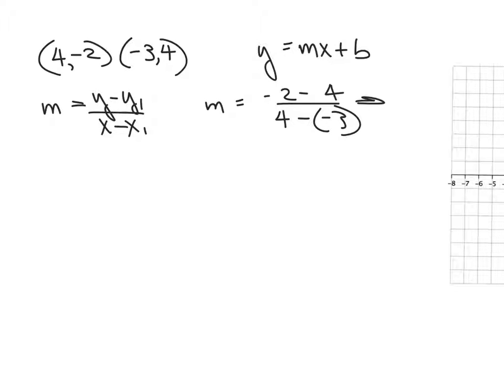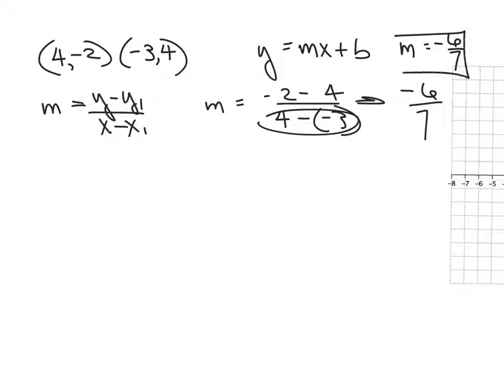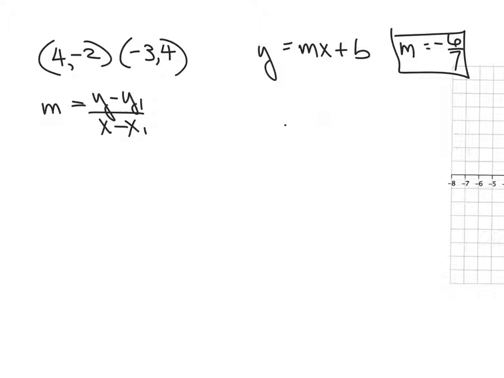Negative 2 minus 4 is negative 6 over 4 plus 3 is 7, so negative 6/7. So m equals negative 6/7. Let's keep that right there. And let's get rid of everything else here.